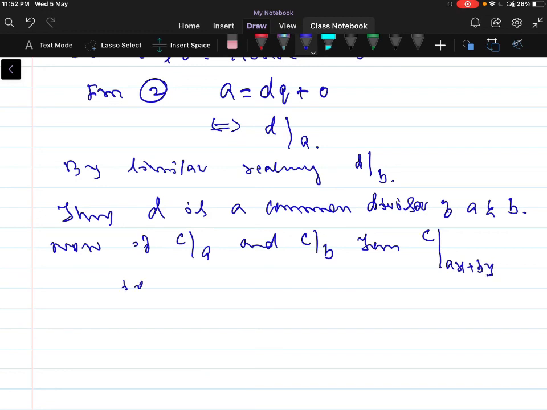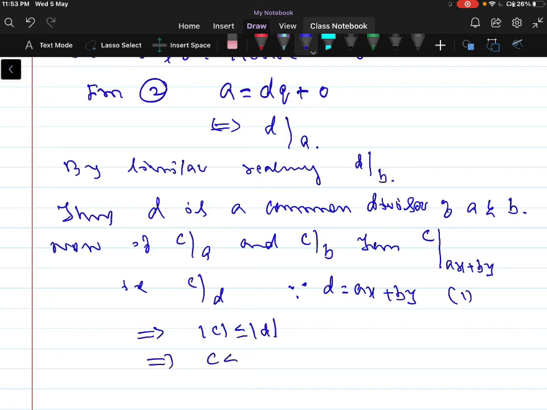That is, c divides d, since d is a linear combination ax plus by, that is from 1. So this implies c divides d. This implies modulus of c is less than or equal to modulus of d. So this implies c is less than or equal to d, since d is positive.